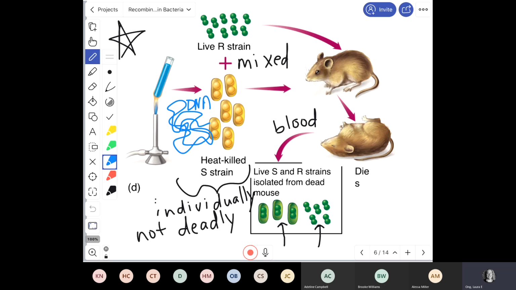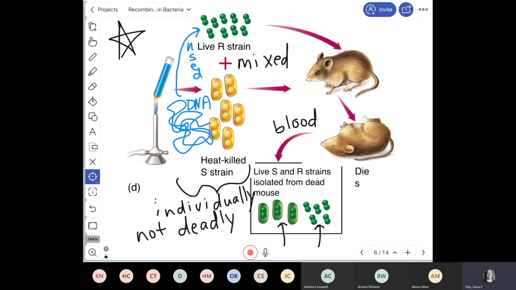And some pieces of that DNA were able to be used by the R strain. The DNA that was leaking out as these cells were dying was somehow being able to be used by the rough strain. What particular gene would the rough strain need to be transformed into a smooth strain?